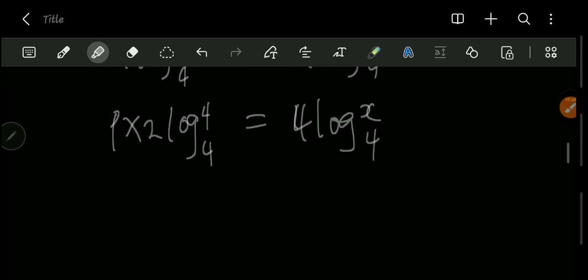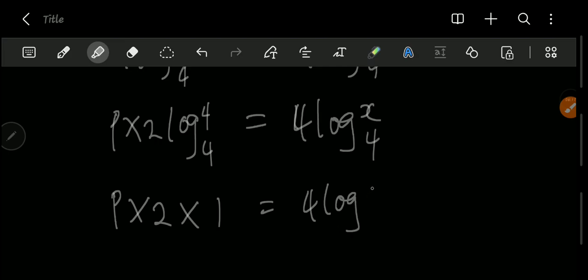So remember in law of logs that when you have log of a number with the same base, it's going to give you 1, right? So when I'm having 4 here, this is going to be 1, right? Which means p times 2 times this whole thing now is 1, because the same log and the same base gives me 1, and that's equal to 4 log x base 4.